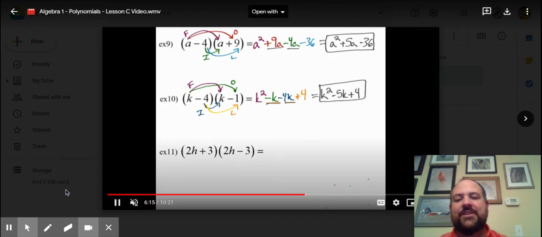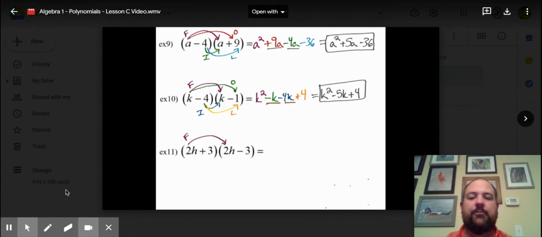In number 11, something interesting happens because in all of our answers so far, we've been starting with 4 terms, basically 2 groups of 2. And when we multiply them, we end up with 3 terms in our final answer because we get some like terms that combine. Well, in number 11, it starts off basically the same way. First multiplication, 2h times 2h, 4h squared.